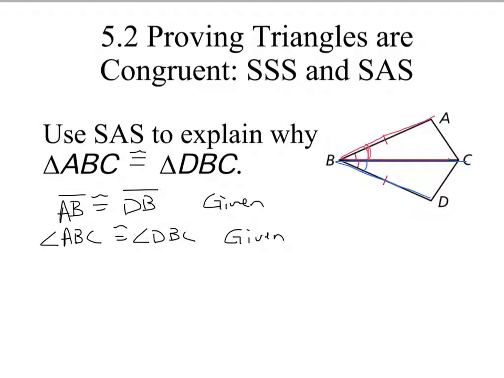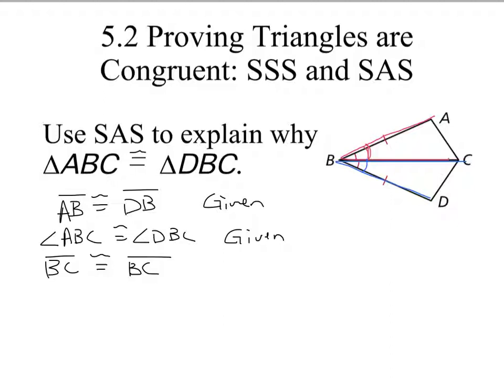All right, so now I have those two pieces of given information. I have an angle, I have a side, and now I want to find the other side that makes ABC and DBC the included angle, which means I am looking at side BC of one triangle and side BC of the second triangle. So BC is congruent to BC. How do I know that? That's what you're thinking.